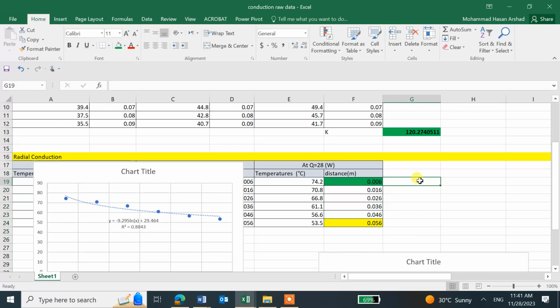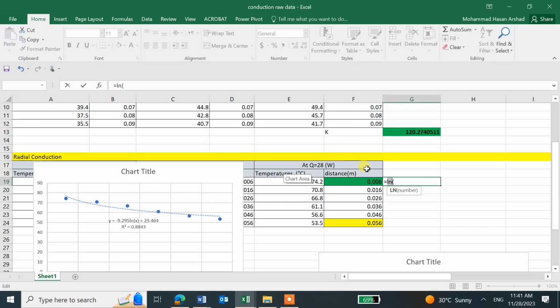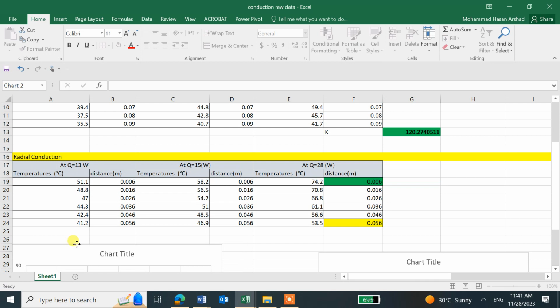Basically what we have is ln r naught. Initially it is the inner one.